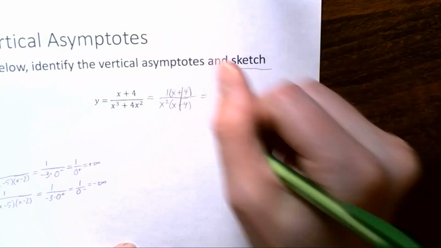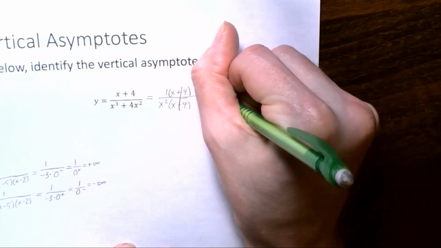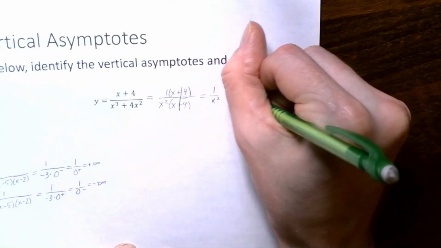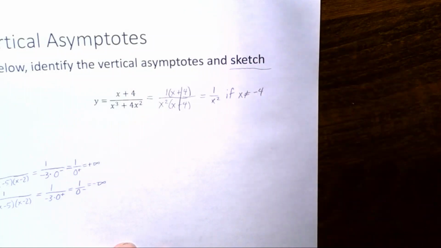This gives me that this function is 1 over x squared if x does not equal negative 4. Noting that if I plug in negative 4, I will get 0 over 0, which is undefined.